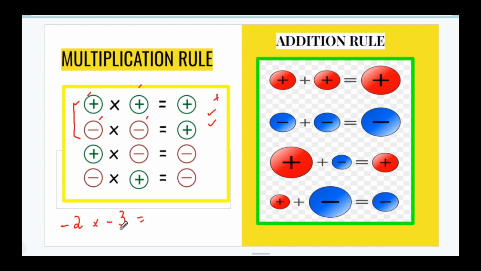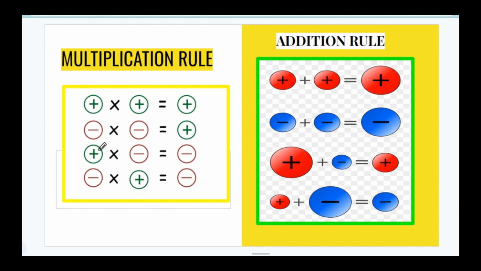First you have to multiply your numbers. 2 times 3 is 6, and you have two negative signs, meaning you have two same signs, so your answer will be positive. Your answer will be plus 6. When you multiply same signs, your answer will be plus. So remember, don't forget this. This is very important.